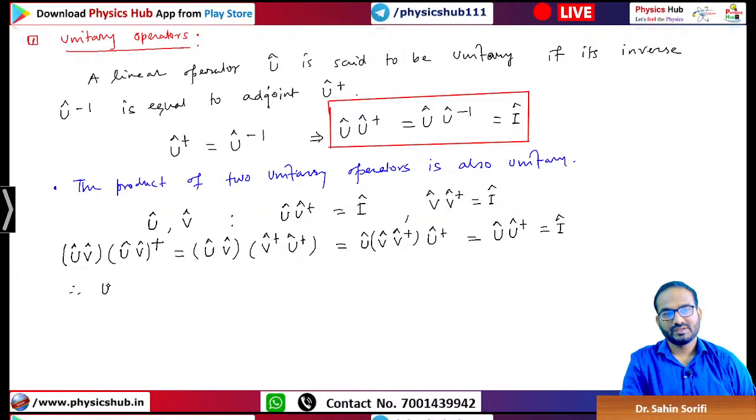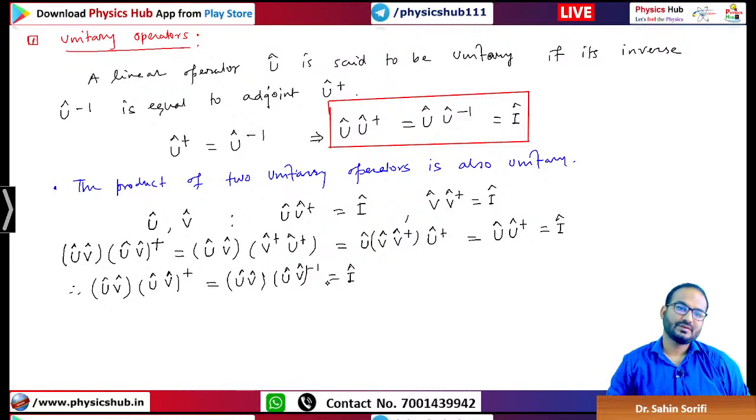So we can also write (UV) dagger is equal to (UV) inverse, and UV (UV) dagger is equal to identity. As simple as that.